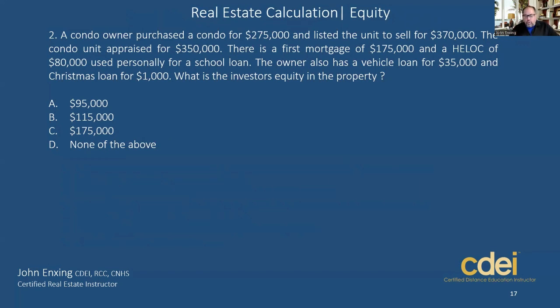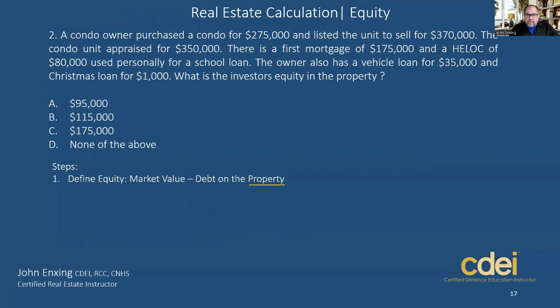So the basic formula for equity is you're going to take the market value minus the debt on the property. That's the basic formula. Now, notice I underlined property.